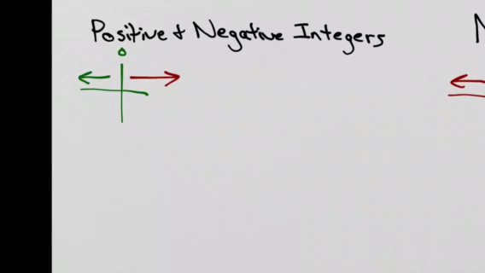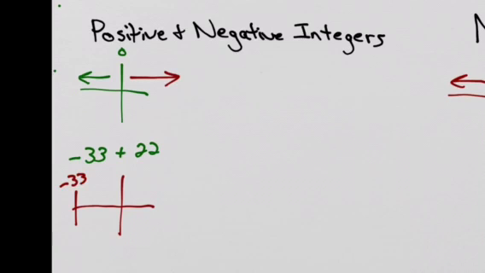So now, let's go ahead and take a look at a couple different problems. First off, we will look at negative 33 plus 22. So we are going to go ahead and draw our number line, and we are going to choose the number with the greater absolute value, which is negative 33. So here we have negative 33. Now, we see that it is going to be combined with a positive 22. Positive, or adding, moves to the right, and it will be 22.